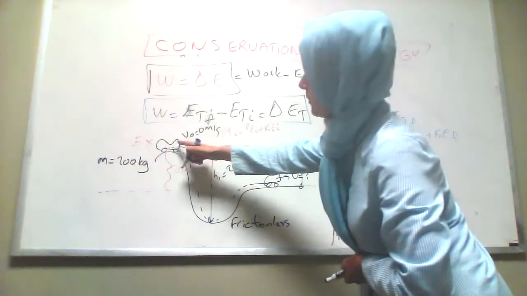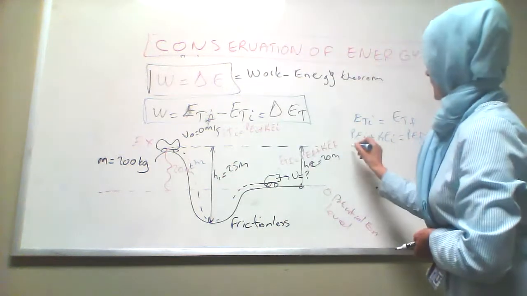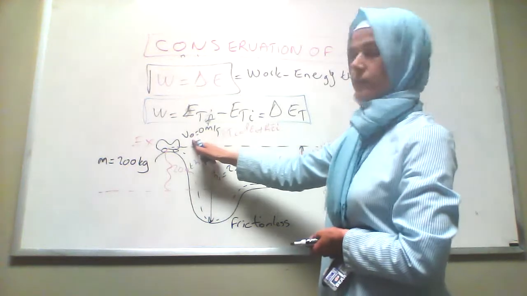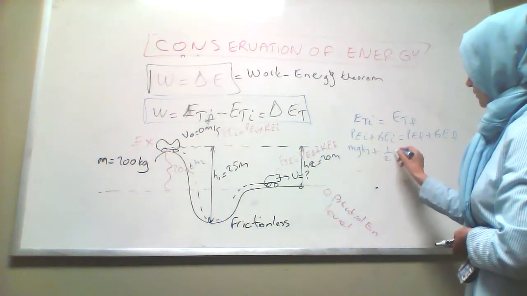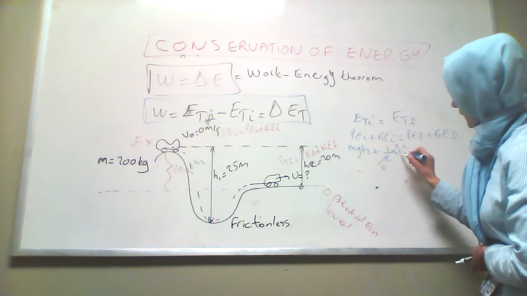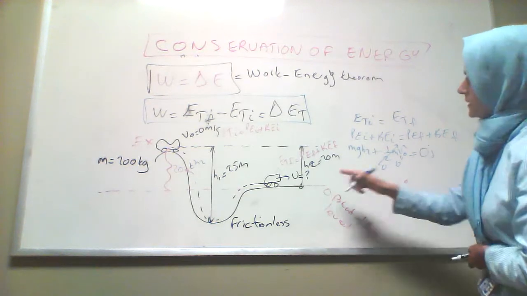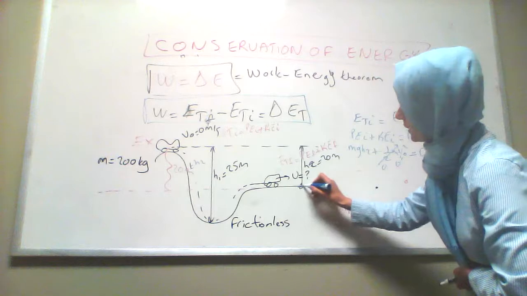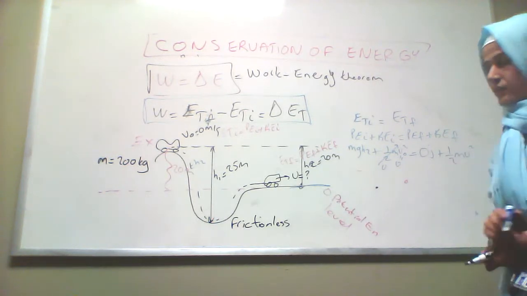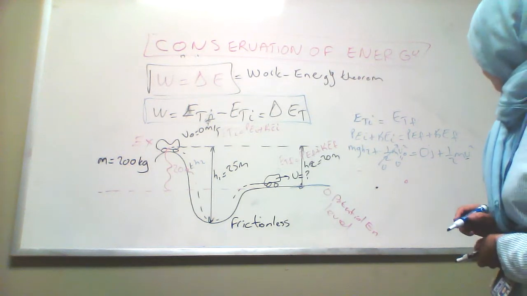Initial potential energy is mgh, which is equal to h2 as well, so I'm going to put mgh2, plus kinetic energy initial is 0, but I'll put it in here, 1/2 m v0 squared, v0 is 0, so this will be 0. Potential energy final is 0, because there is no height in here, this is my 0 potential energy level, plus 1/2 m v squared will be my final kinetic energy, so then I can find v from here.